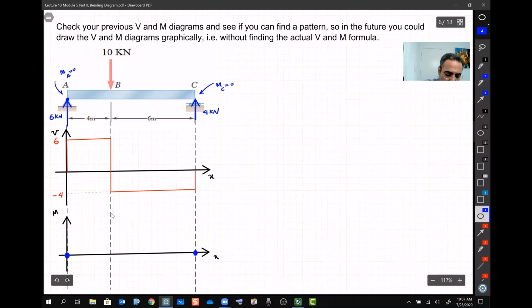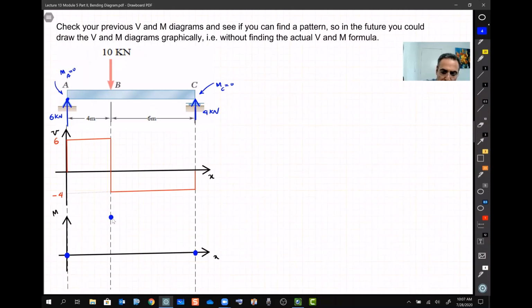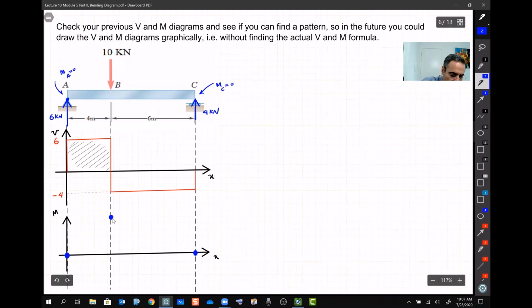Can we guess this point? Yeah, it's easy. We know that in order to find M for this point, we just need to figure out the area up to that point. I calculate the area here, which gives me 6 multiplied by 4, 24.